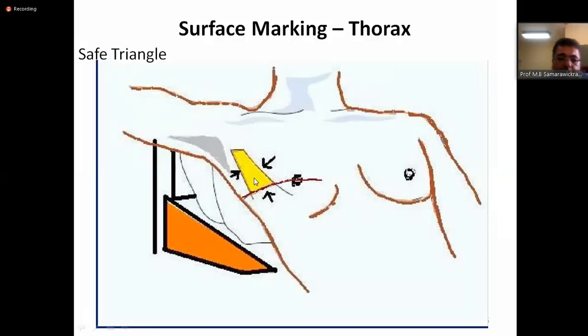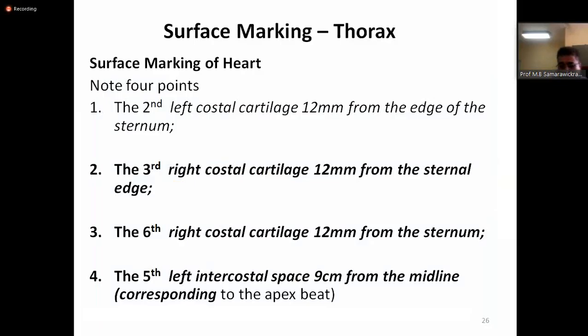Then the commonly used intercostal space is the 4th intercostal space above the 5th rib. Remember, when you are inserting a tube or a needle, you have to go over the upper border of a rib to prevent damage to the neurovascular bundle. Those are the anatomical principles that you have to remember.